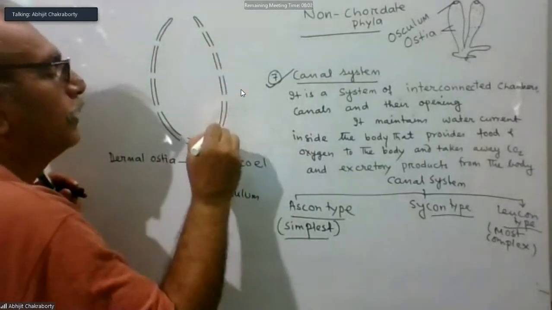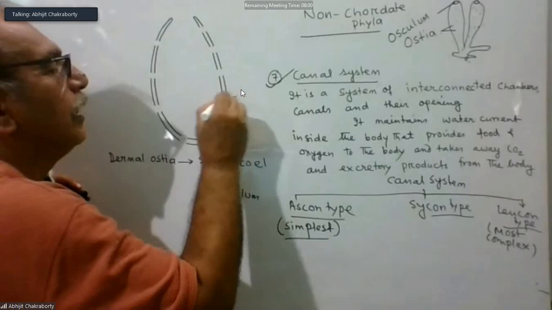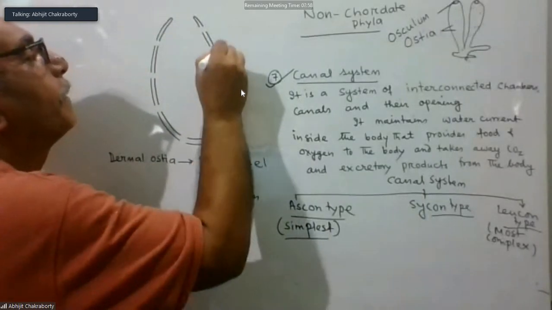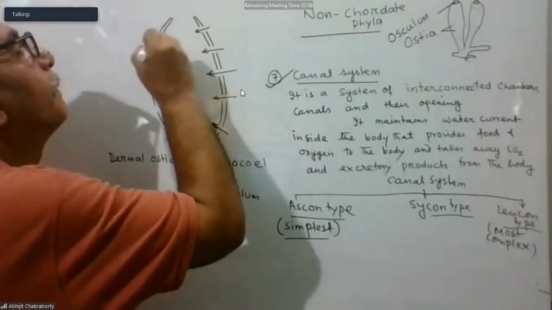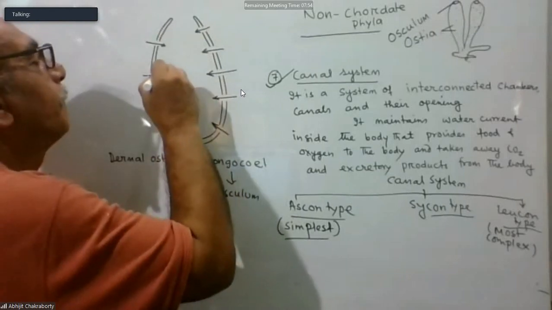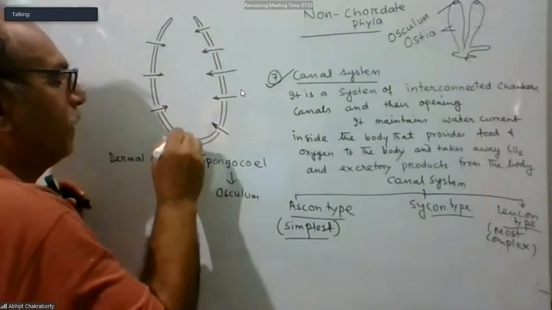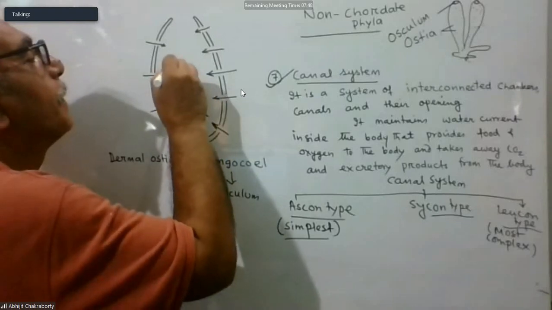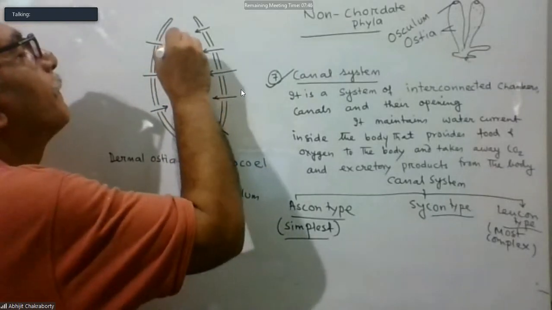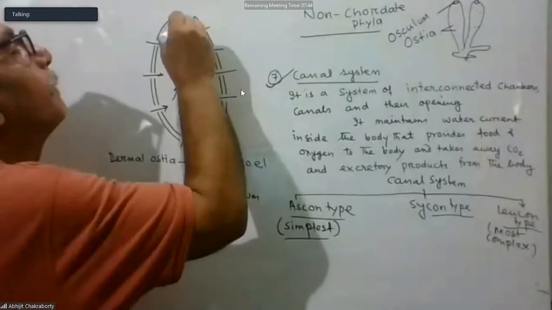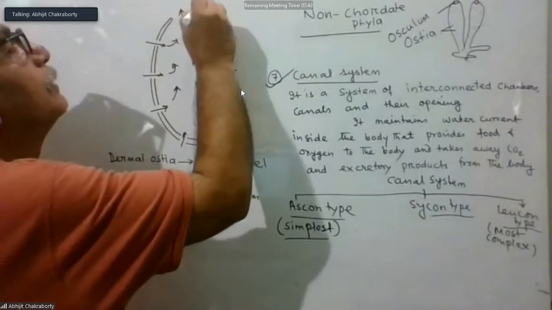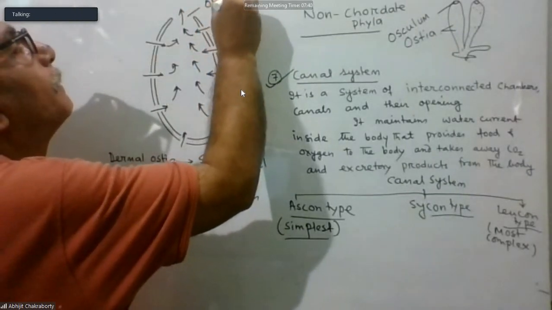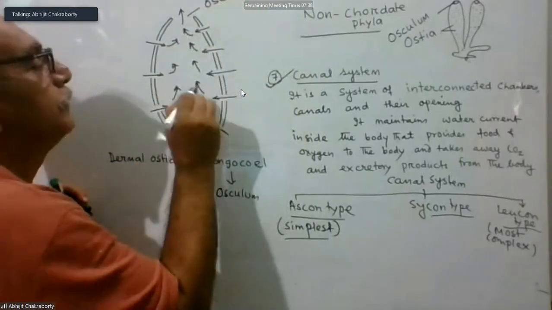So water enters through the dermal ostia, here you will get the osculum.